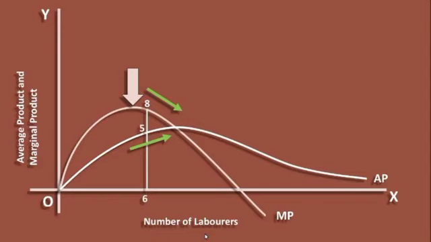Secondly, when the total product is maximized, the marginal product is always equal to 0. While when the total product curve begins to decrease or decline, the marginal product in this case is usually negative.